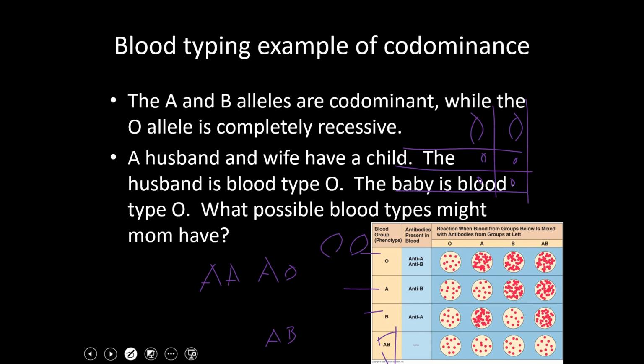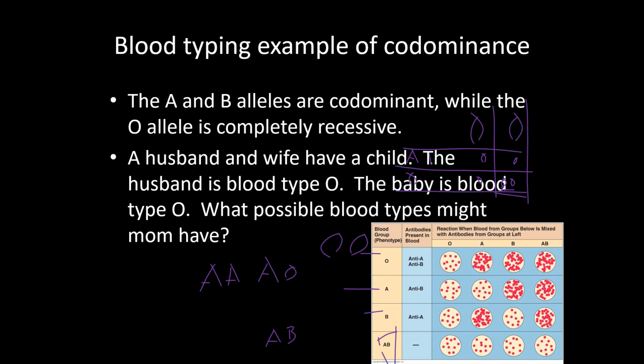The baby is blood type O, so what possible blood types might mom have? Here's how we're going to play this. We're going to say that this kid right here is blood type O. Now we can start filling in what mom could be to find out whether or not mom could make that baby. Mom could be AO, which means she could be blood type A and make that baby.